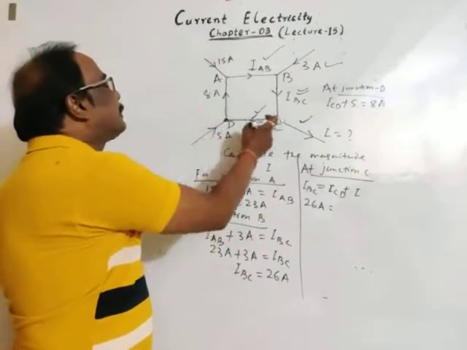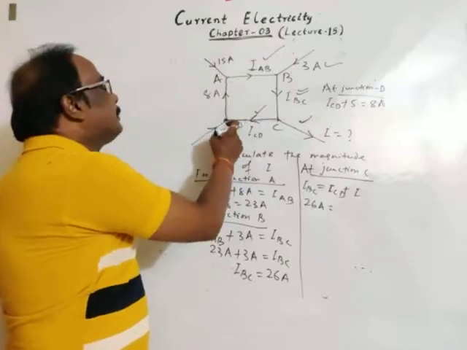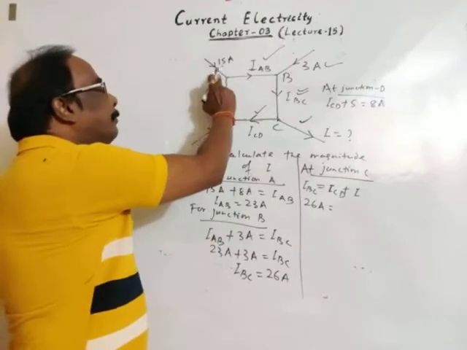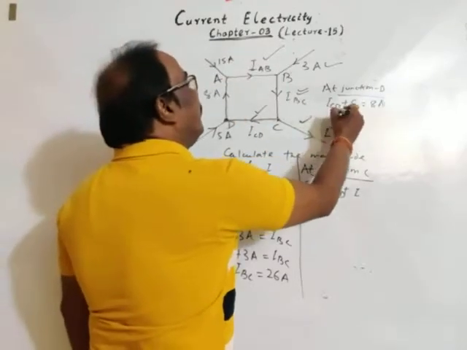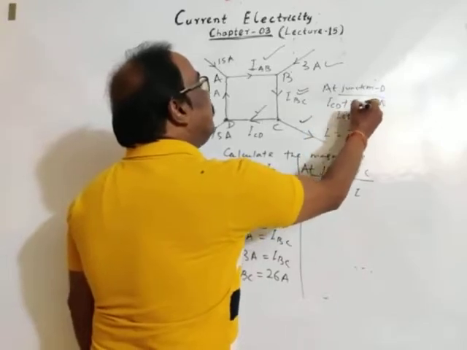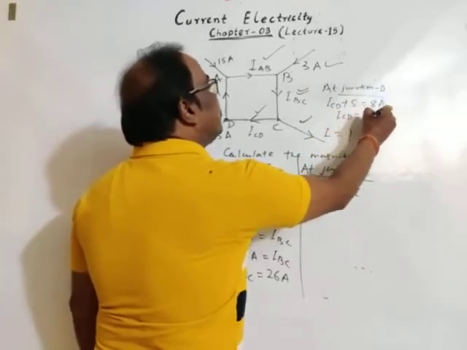So the sum of incoming currents, ICD and 5 ampere, is equal to the outgoing current 8 ampere. So ICD is equal to 8 minus 5, that is 3 ampere.